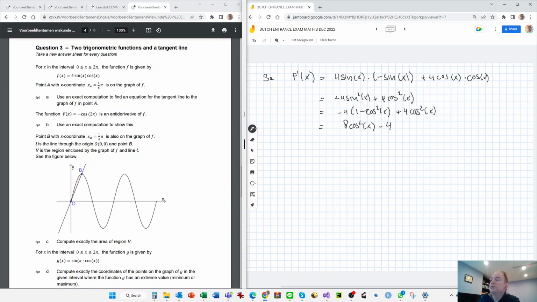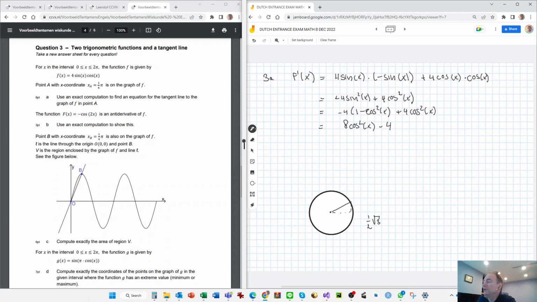And now we can substitute 1/6 of pi, and these are the angles that you just need to remember. You can draw a unit circle if you want. So 1/6 of pi, pi is 180 degrees, so this is 30 degrees, so it's somewhere here, and this here is 1/2 square root of 3. So you need to remember this.